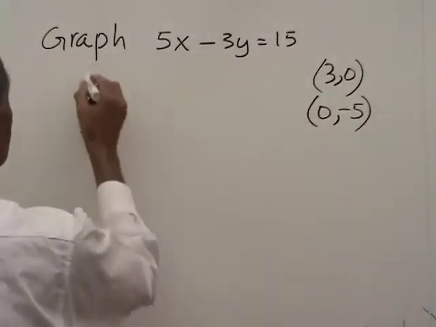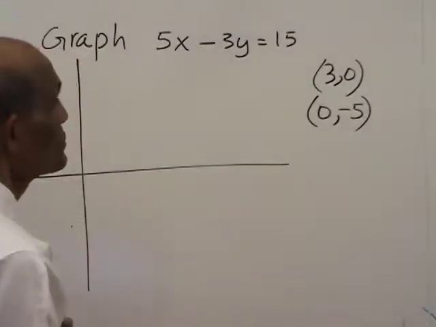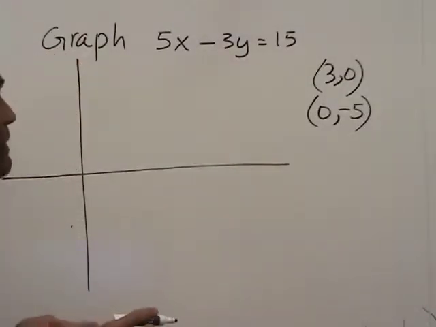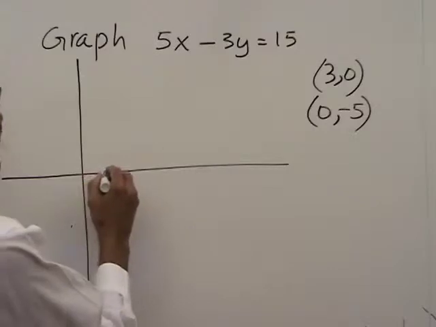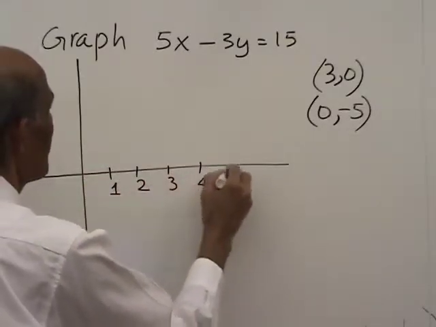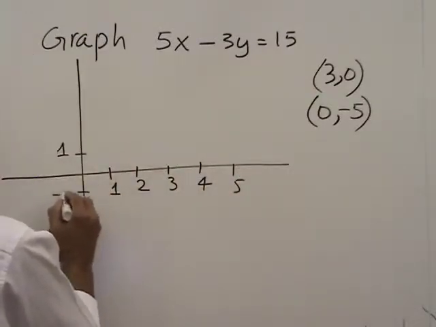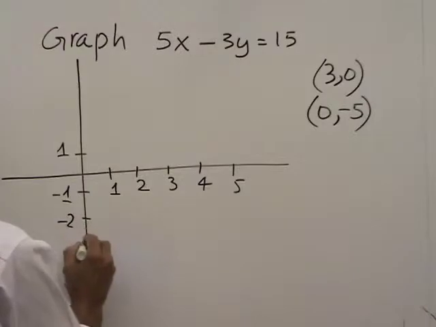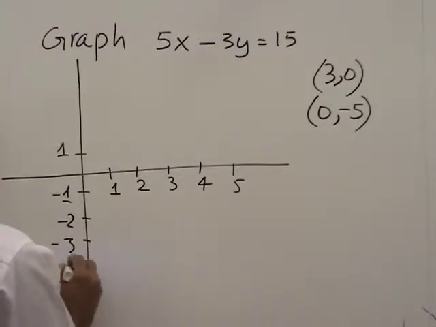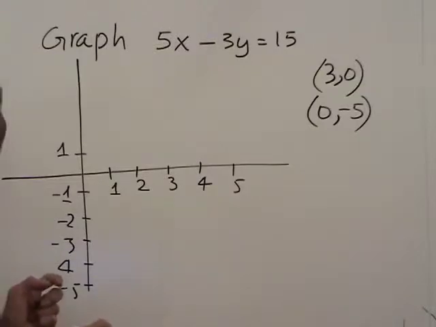The y-intercept is 0, negative 5. Now here I have x equal to 1, 2, 3, 4, 5. Y equal to 1, negative 1, negative 2, negative 3, negative 4, negative 5, and so on.